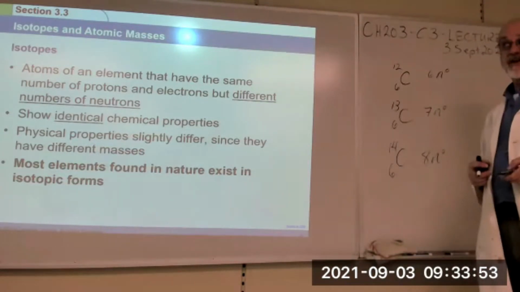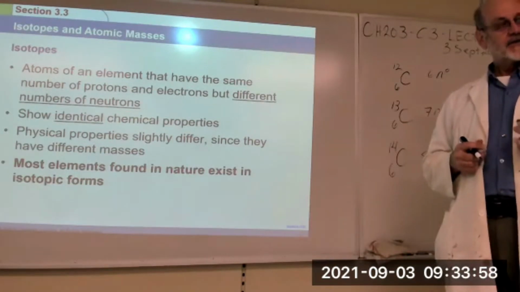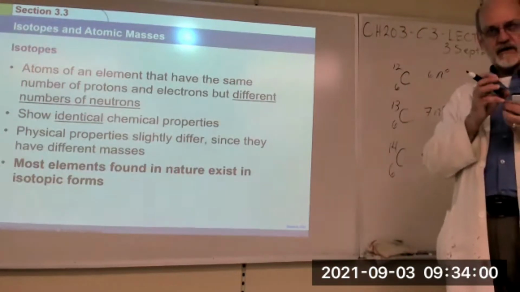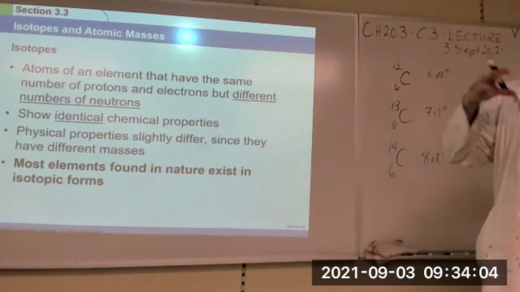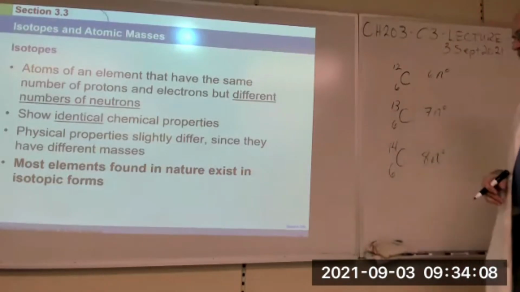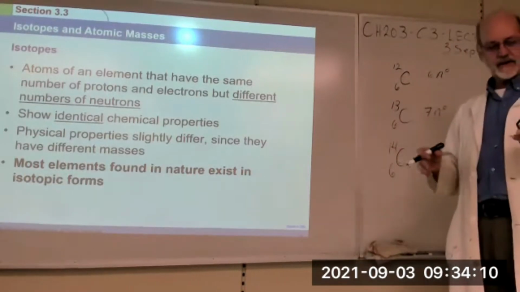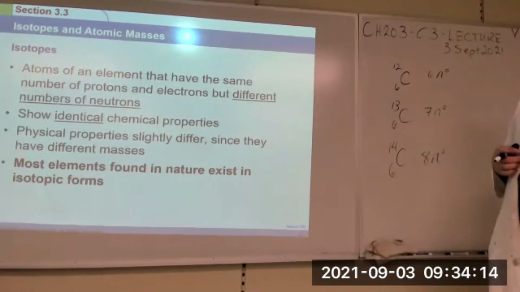And as you get heavier and heavier, you need more and more neutrons, because the effect of the neutron is very short range. Right? So if you get a big nucleus, you need a whole lot more neutrons to stabilize it. So I won't say any more about that because it looks like your heads are about to explode anyway.